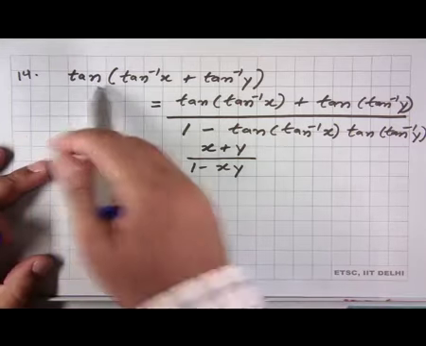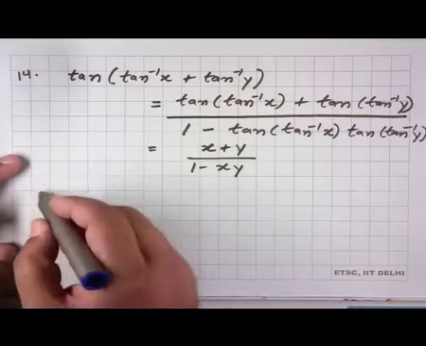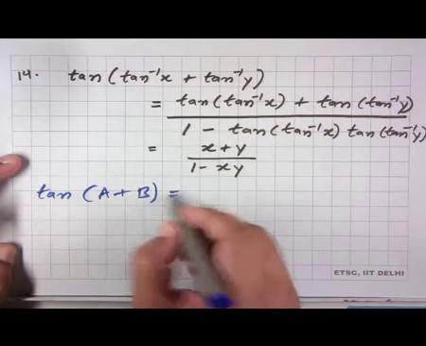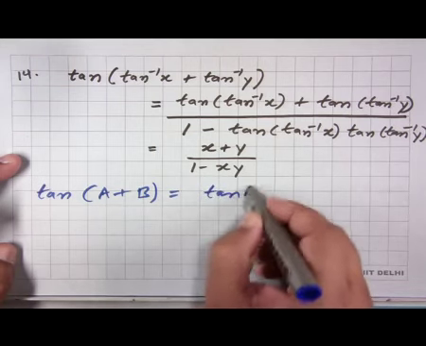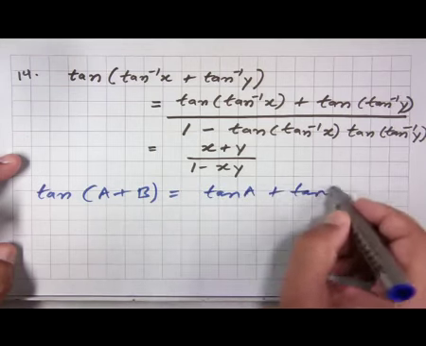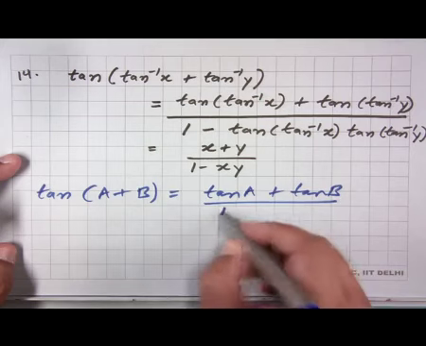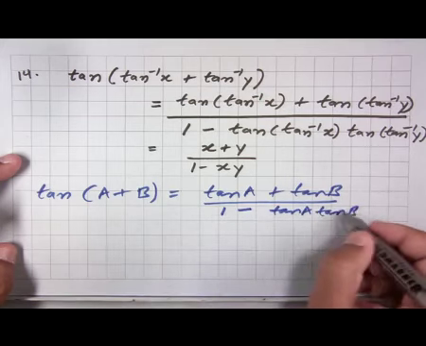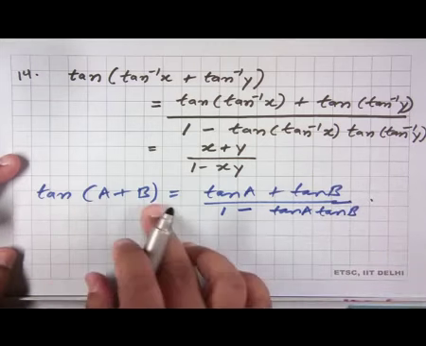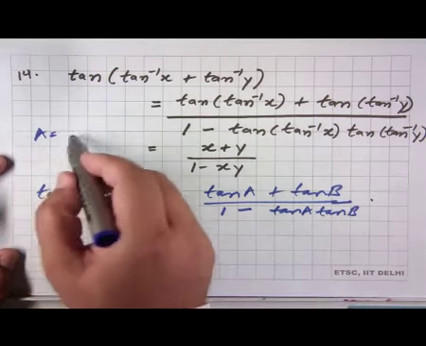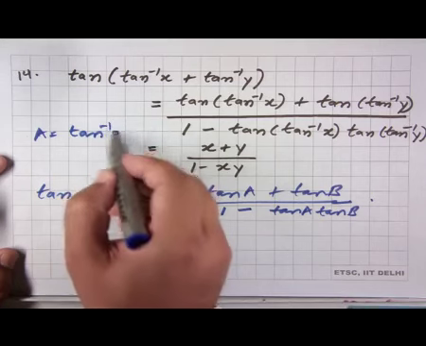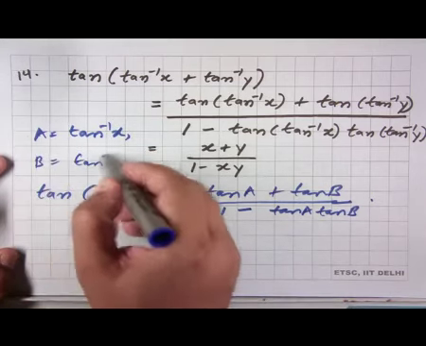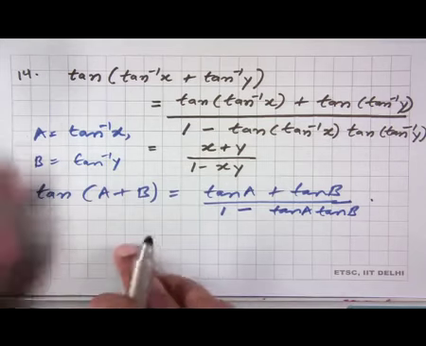We know that tan of a plus b equals tan a plus tan b over 1 minus tan a tan b. Now, in this formula, if I substitute a equal to tan inverse of x and b equal to tan inverse of y, then this is what I get.